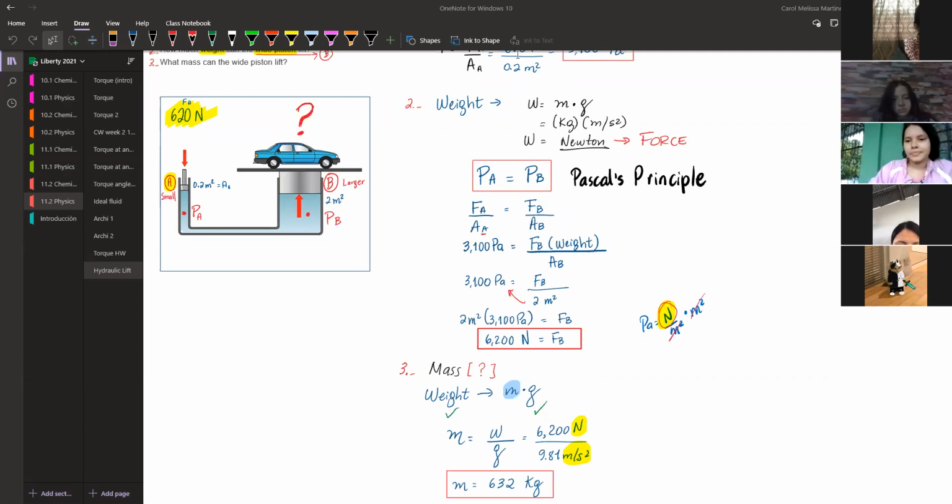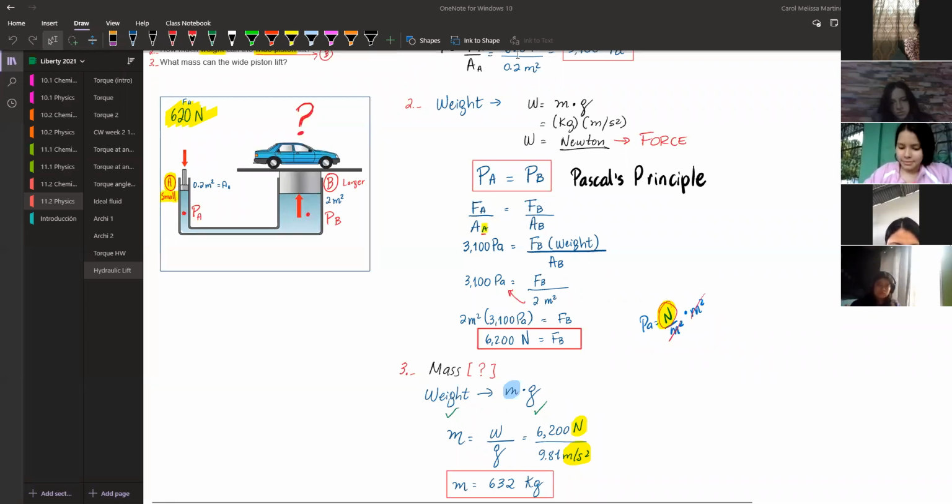The white piston is going to be in the position B. So this A from here refers to the piston located in the small area. Is it clear now? Yes, miss. Thank you. Okay, okay.